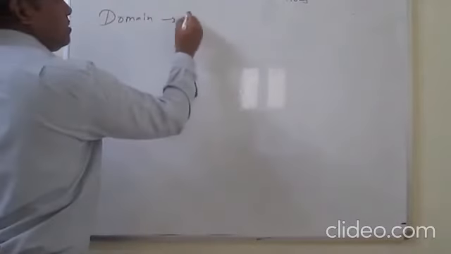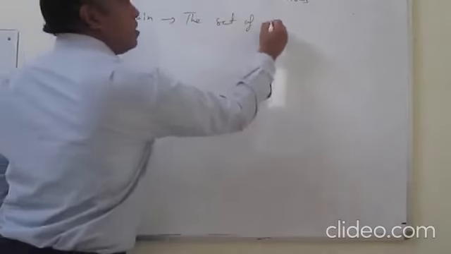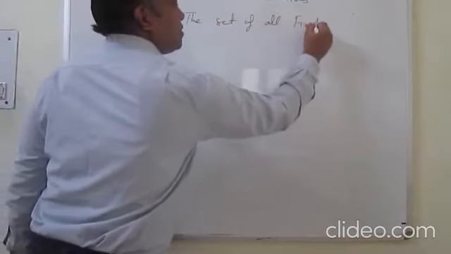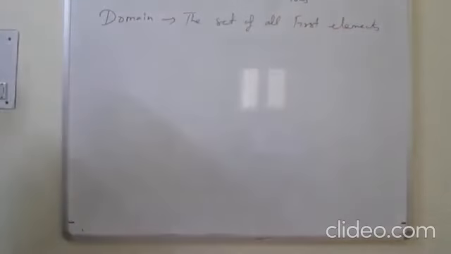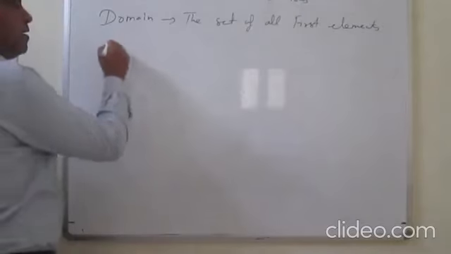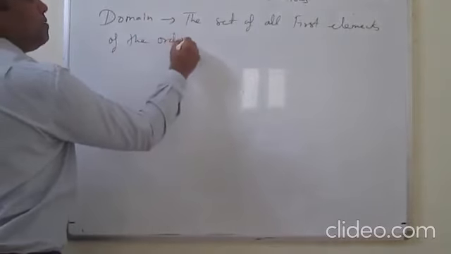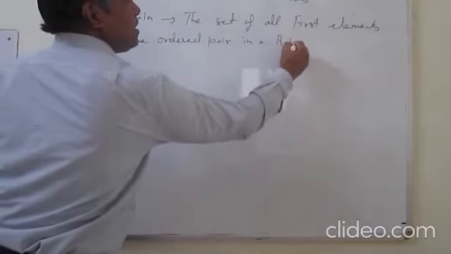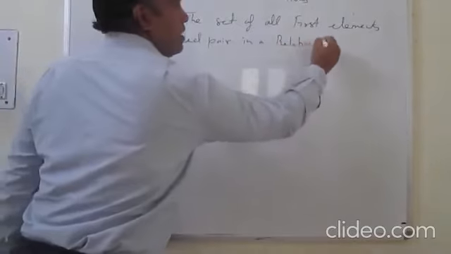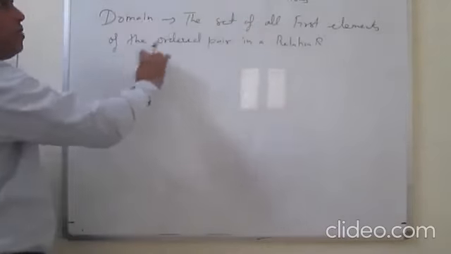Domain is the set of all first elements of the ordered pairs in a relation R. The first element of the ordered pairs inside the relation is called the domain.